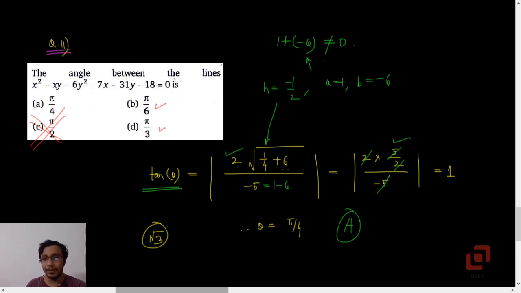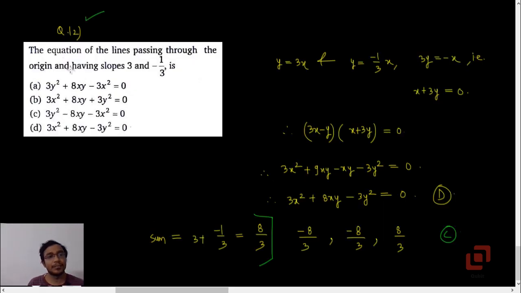So if the expression that appears inside the root is a perfect square, provided the outer things are rational numbers, it has to be pi by 4. So you can save time by not actually simplifying it further. The moment you observe that inside the root we have a perfect square, you have to mark that option which is not pi by 6 and pi by 3, and hence pi by 4.